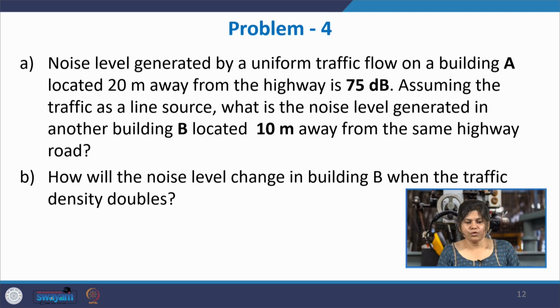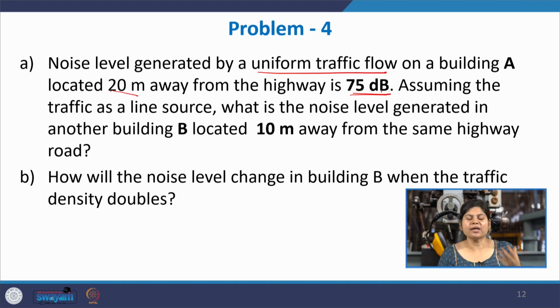Fine. So, let us solve another problem. These are short numericals on this particular topic. So, in this problem, what is happening? The noise level is being generated by a uniform traffic flow, and on building A, which is 20 meters away, this uniform traffic flow is creating a noise of 75 dB.